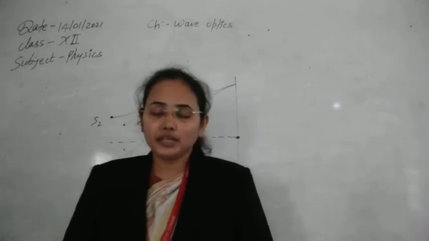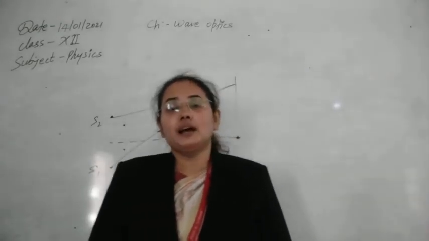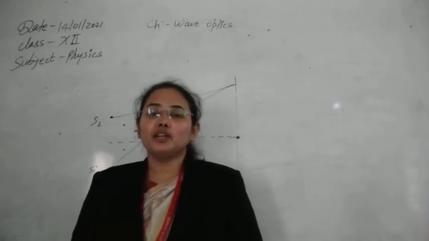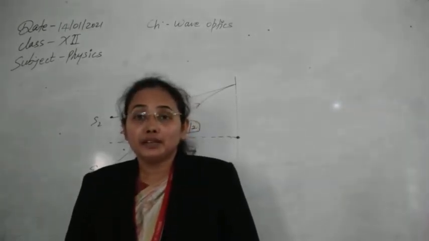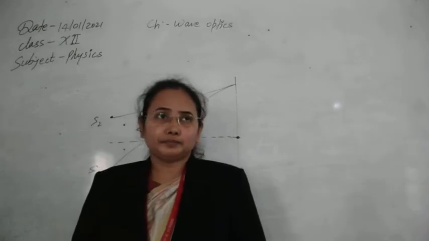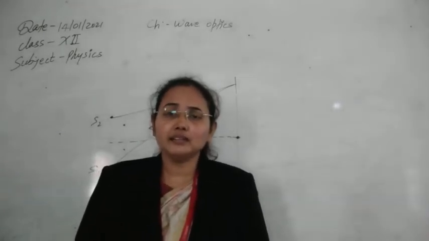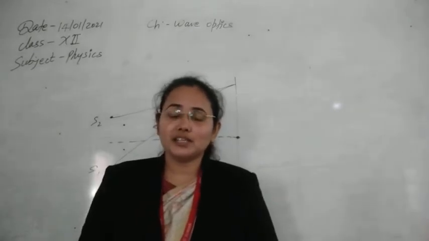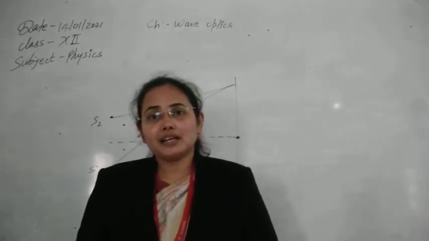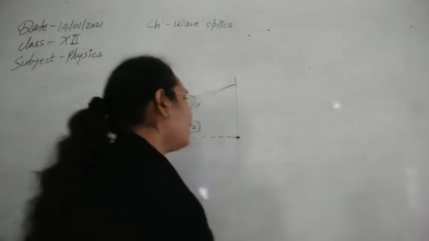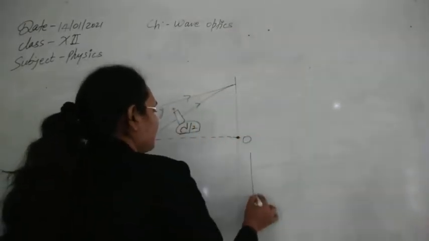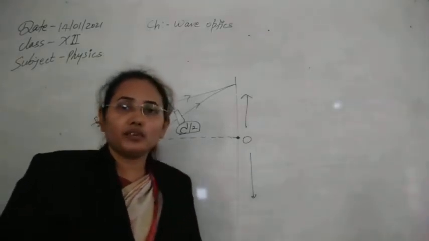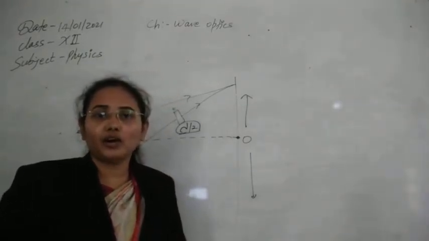In the interference pattern we have seen that the patterns are equidistant, with bright and dark fringes of equal illumination. But in this case, when an obstacle is present, the intensity of the pattern starts to decrease as we go away from the central maxima on either side, and sometimes on one side we obtain complete darkness.